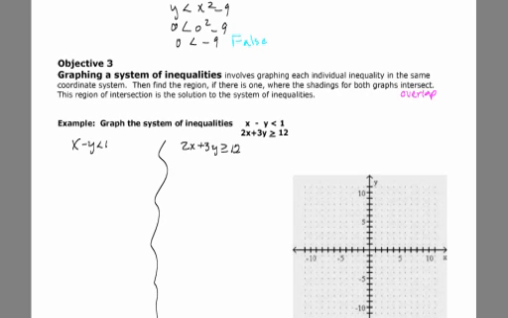So let's work on graphing each boundary line. Since this is a less than 1, let's go ahead and put the associated equal to in. So I'll have x minus y equal 1. And this boundary line is going to be a dotted line.